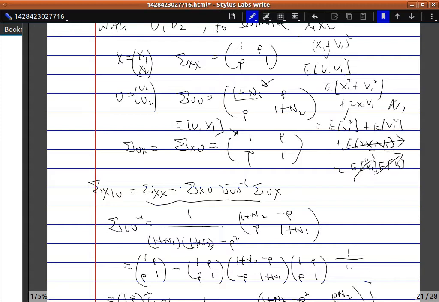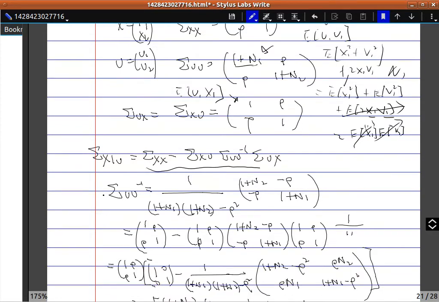We expect this to be a minus because now you have more information, so your estimate is getting more precise, and therefore the covariance matrix should decrease. Of course these are matrices, so it's only in a kind of Loewner sense.